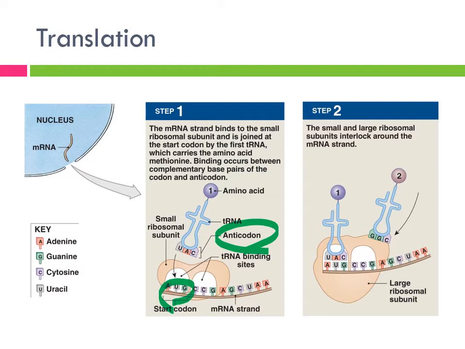So we have AUG, so the anticodon is UAC because adenine and uracil are complementary, uracil and adenine are complementary, and then guanine and cytosine are complementary. Remember ATGC, T gets substituted with U.